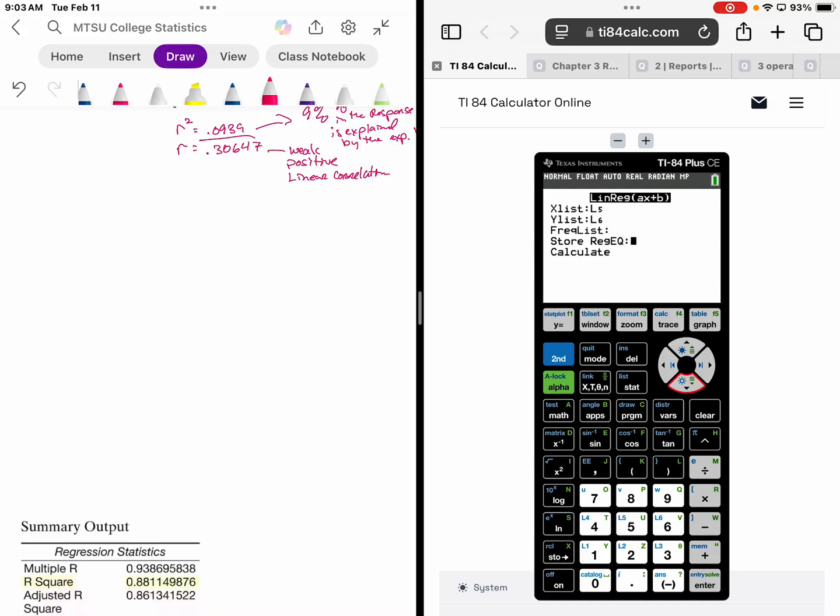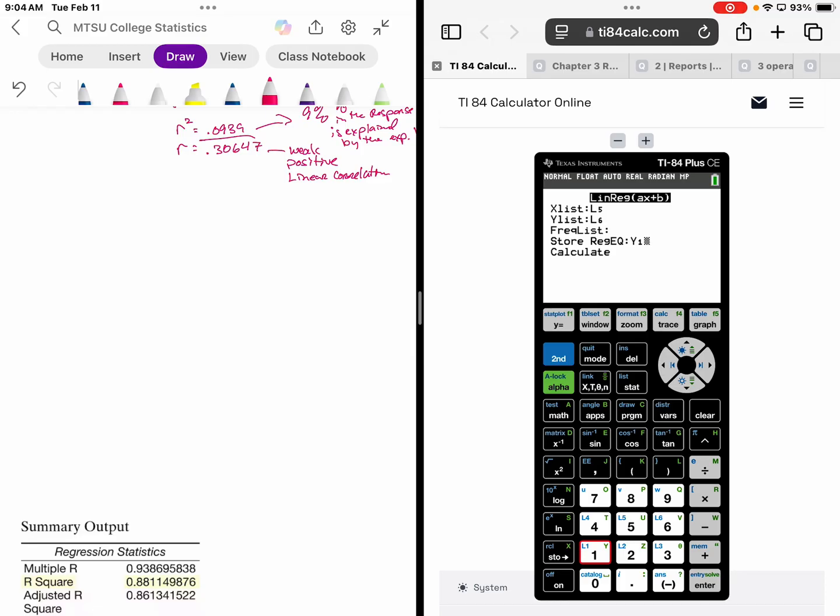So it'll draw that line for you. If you do alpha trace, then you can pick where you want it. So if I say put it into Y1, when I go to graph this equation, it's actually going to put that line on there for that set of data.